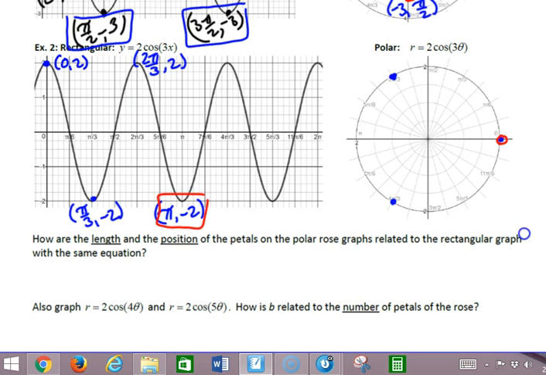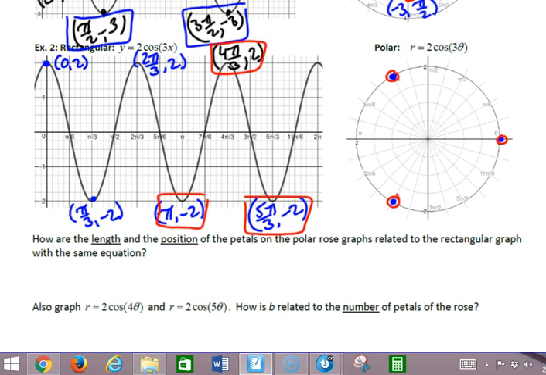Then we go to 4 pi over 3, +2. Well, 4 pi over 3, +2 is this one. That's the one we have already done. It's right here. Then we go back down to 5 pi over 3, -2. Well, 5 pi over 3, -2 is back over here at 2 pi over 3, +2.